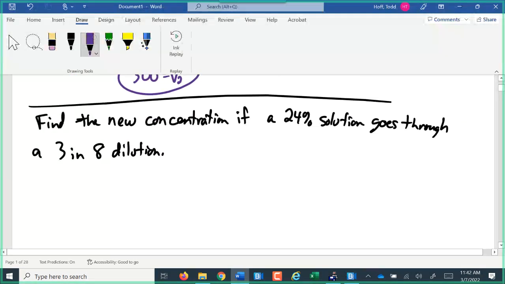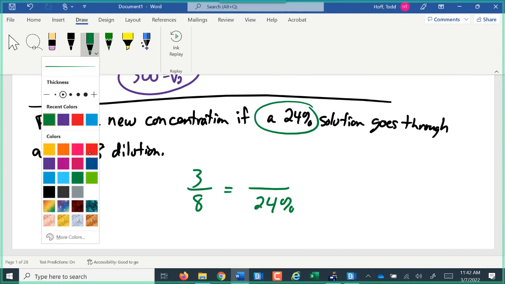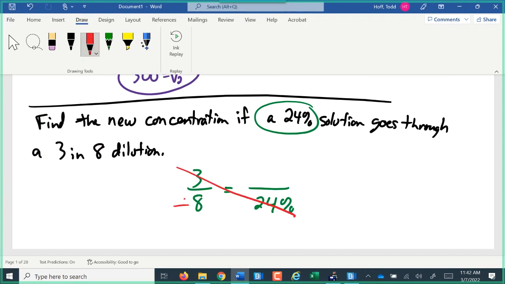We have a 3 and 8 dilution, the ratio of 3 to 8. And remember that dilution ratio is the same as our ratio of concentrations. Now 24, that is the concentrated, or the larger percent. That's going to go on bottom, and then we'll cross multiply and divide. 3 times 24 divided by 8 gives us 9% is our new concentration. That's what we're looking for.